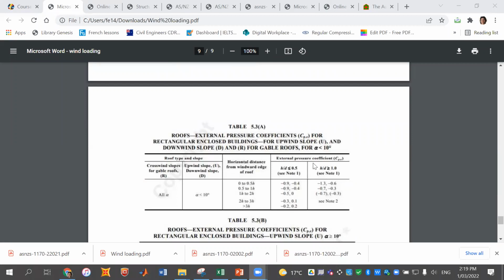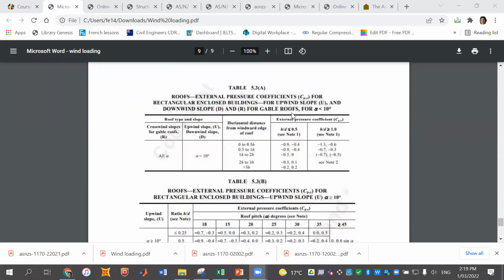And for the roofs, again, as you can see, it depends on if it is a gable roof and the alpha, which is the angle of your roof, is less than 10 degrees or more than 10 degrees, the coefficient is different.